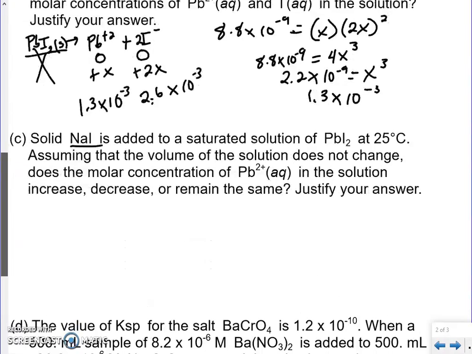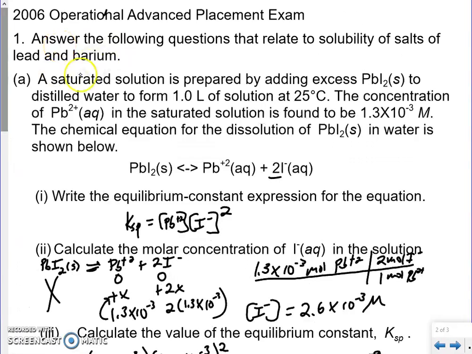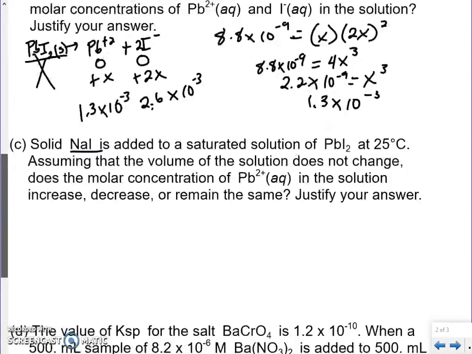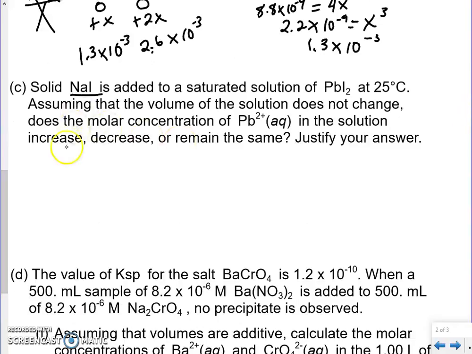Go back down to C. In C, we're adding a new species. We are adding sodium iodide. Well, what do we know about sodium iodide? Sodium iodide is a fully soluble salt, which means it's going to produce sodium ions and iodide ions. And that's non-negotiable. It fully dissolves and fully ionizes.